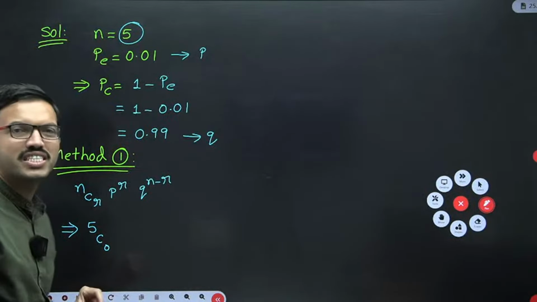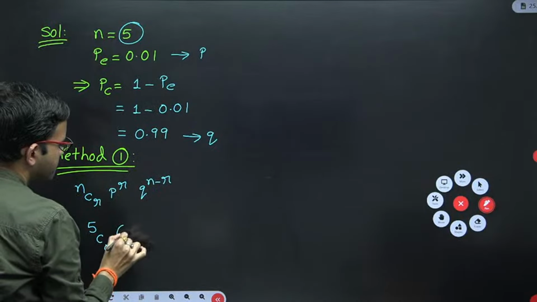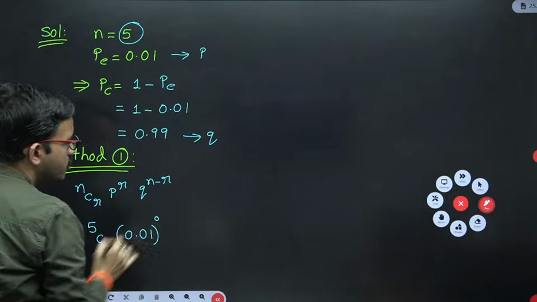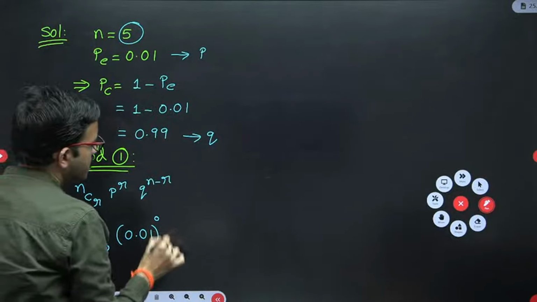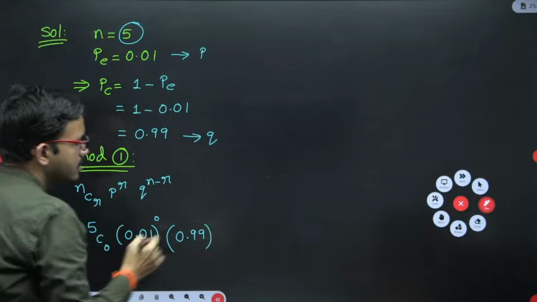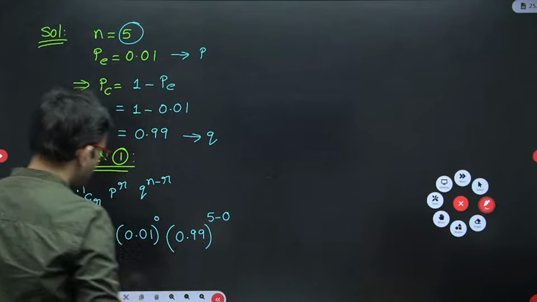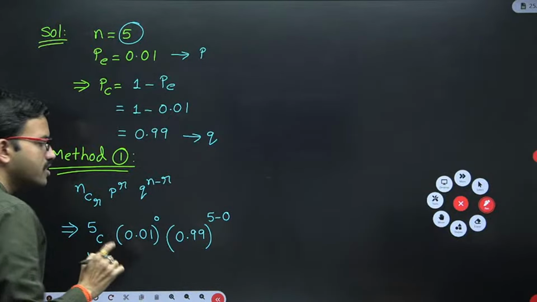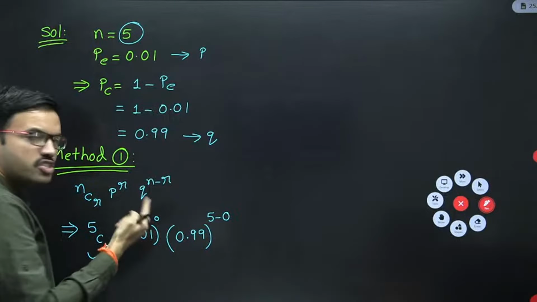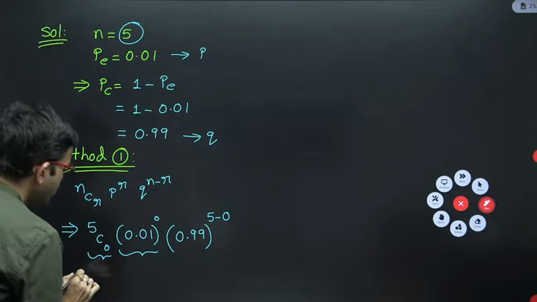That is the most interesting thing. Here P is 0.01 whole power R, which is 0, and Q is 0.99 whole power N minus R, that is 5 minus 0. I hope you know 5C0 is 1, and 0.01 power 0 is 1. So you are getting 0.99 whole power 5.